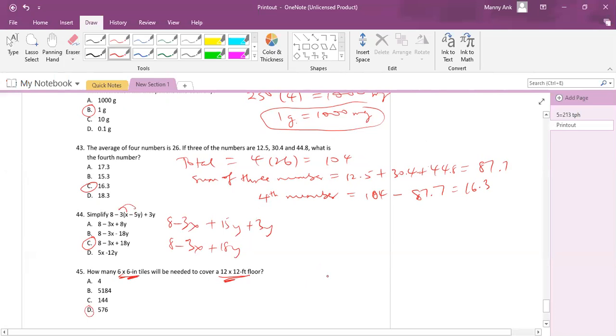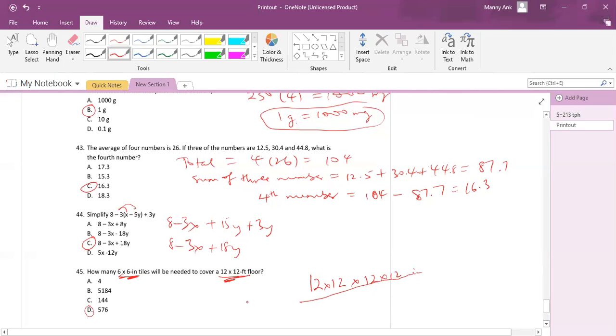We can do all this together, so I can do 12 feet times 12. That will give me inches for this 12 feet here, and change this to inches. So it's 12 by 12 again. So we've changed everything to inches. Everything's inches now.